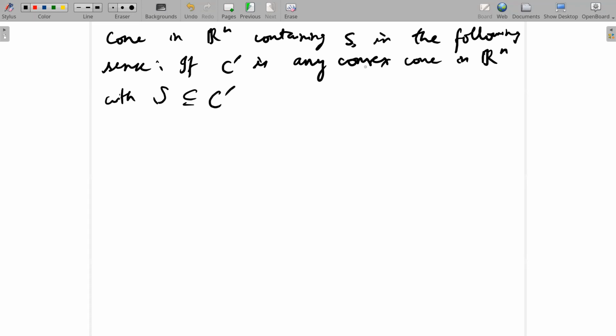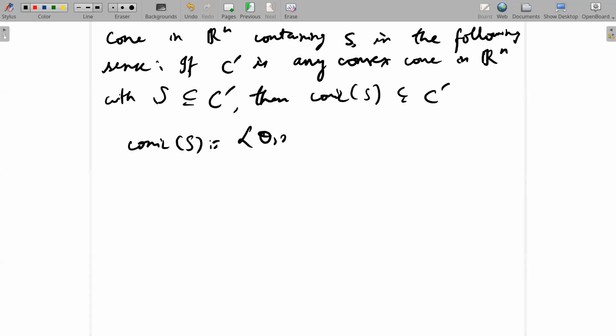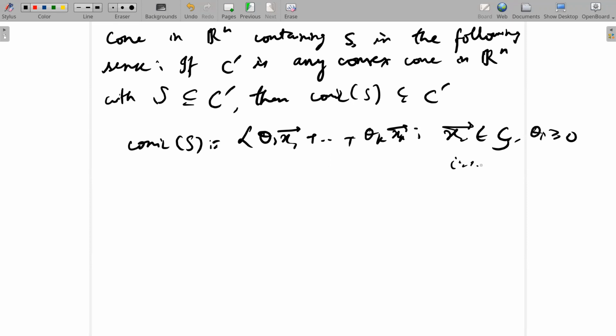So if C prime is any convex cone in Rn with S contained in C prime, then the conic hull of S is contained in C prime. And as usual, we'll write out this other definition, which is that this conic hull contains all the conic combinations of points in S, theta 1 x 1 plus up to theta k x k, such that x i belongs to S, theta i bigger than or equal to 0, and i equals 1 to k.